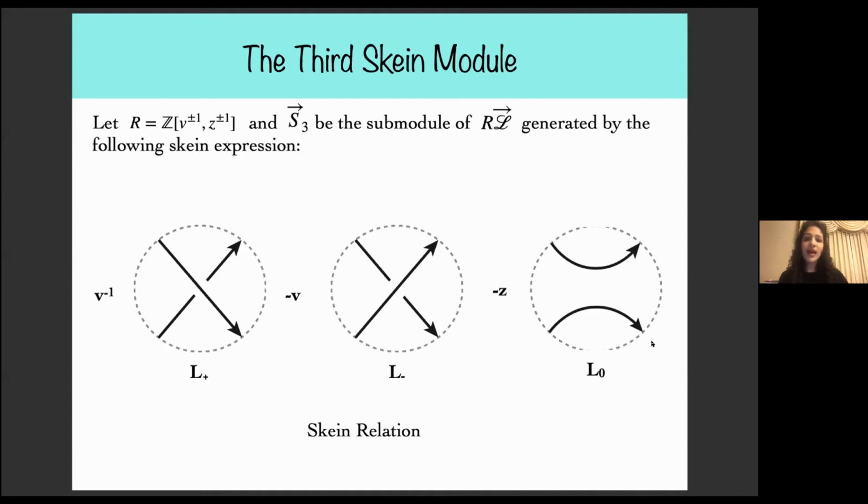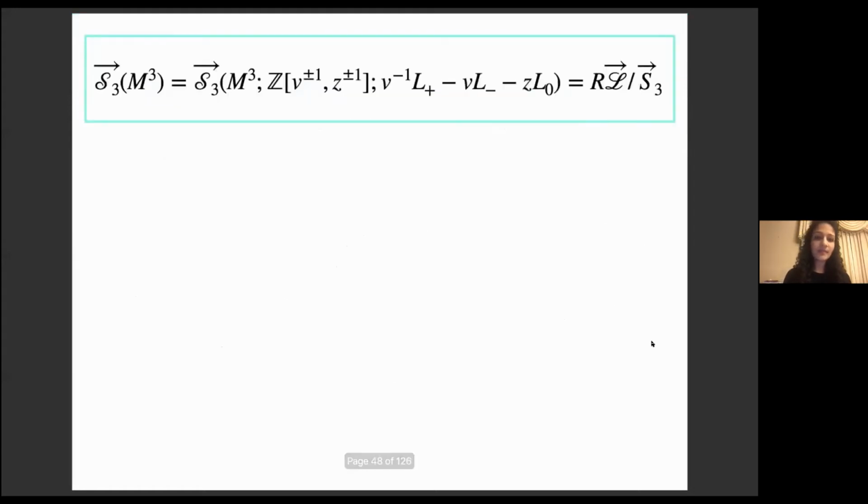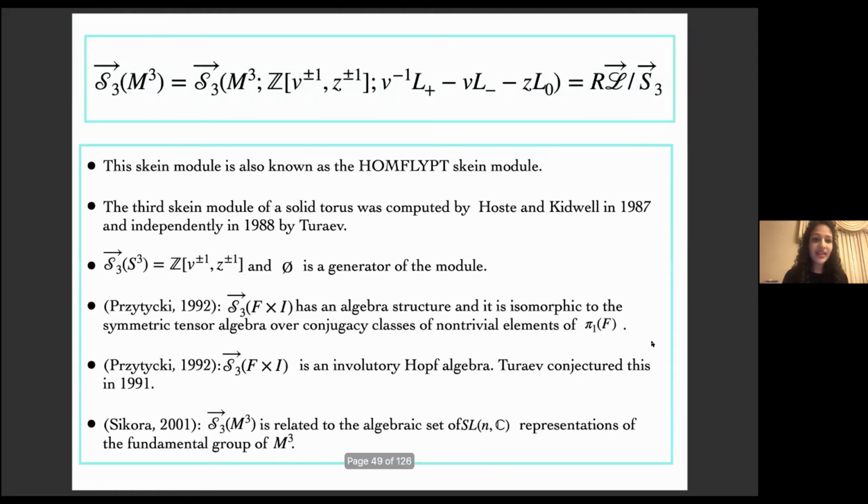And then we mod out by this submodule. And the resulting Skein module that we get is known as the third Skein module. And if you all noticed, this Skein relation is actually the HOMFLY-PT Skein relation. So this Skein module is also known as the HOMFLY-PT Skein module or the Jones-Conway Skein module.